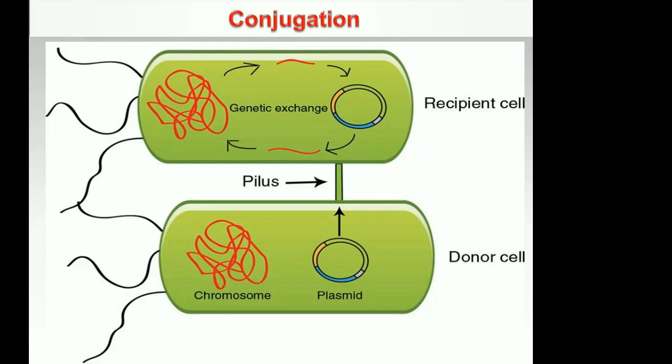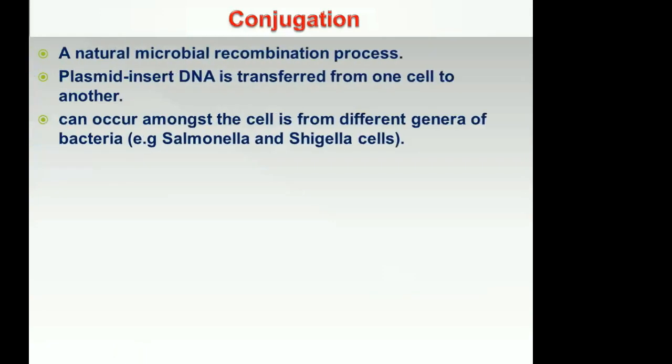So this is again a natural method which we can use in recombinant DNA technology for production of recombinant DNA in the laboratory. It is a natural microbial recombination process, where the plasmid-inserted DNA is transferred from one cell to another. One thing which is very different here: in the case of conjugation, it may happen between two different genera.